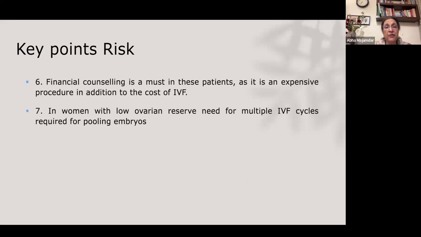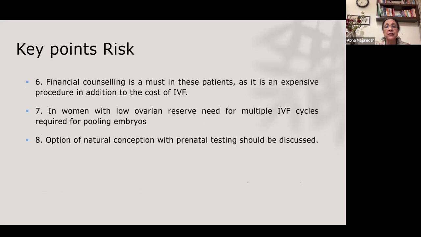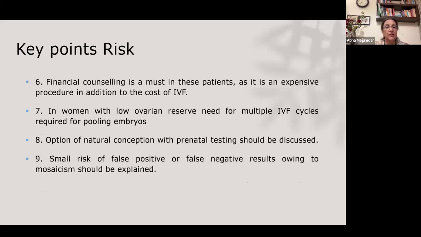And in women with low ovarian reserve, multiple IVF cycles are required and pooling of embryos has to be done. Option of natural conception with prenatal testing should always be discussed with these patients. There is a small risk of false positive, false negative results owing to mosaicism, and it should be explained to patients.